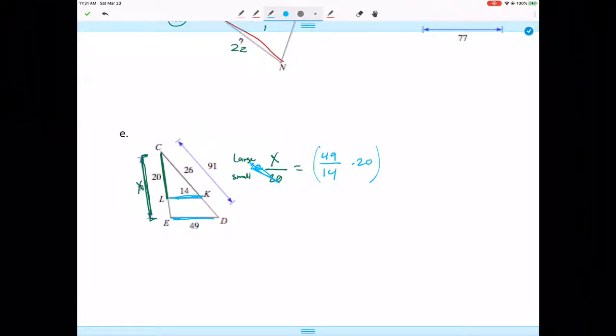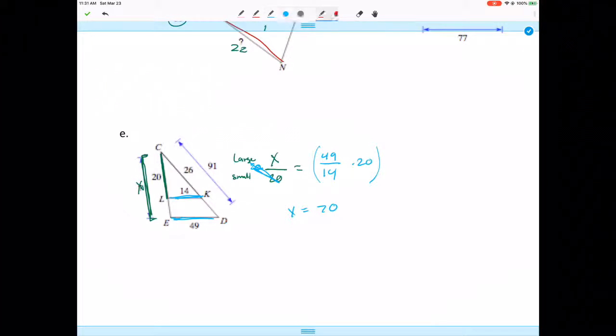And like for all these, when you're evaluating, for division and multiplication, order doesn't matter. So if you wanted to do 49 times 2 divided by 14, you'd get the same answer as if we did 49 divided by 14 times 2. Doesn't matter. Okay, so you plug that all in, and you would end up getting x equals 70.